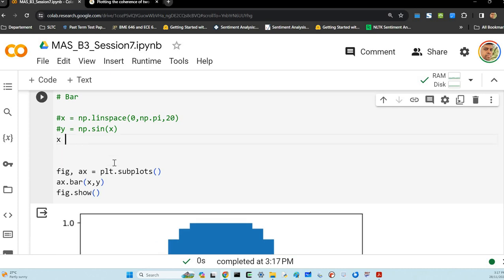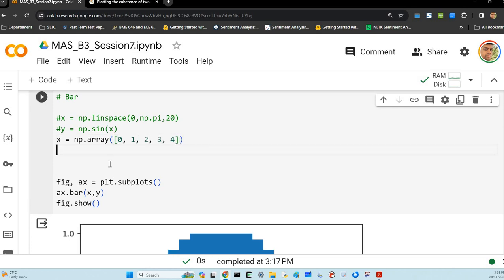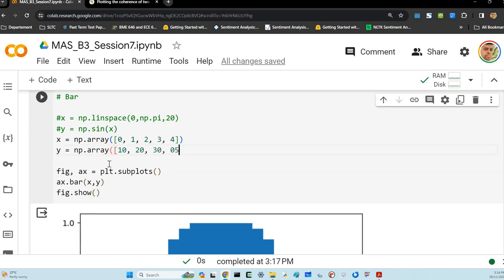Let's say x equals np.array with 0, 1, 2, 3, 4, and y equals np.array. We'll have 10, 20, 30, 50, 50, and let's say 60.